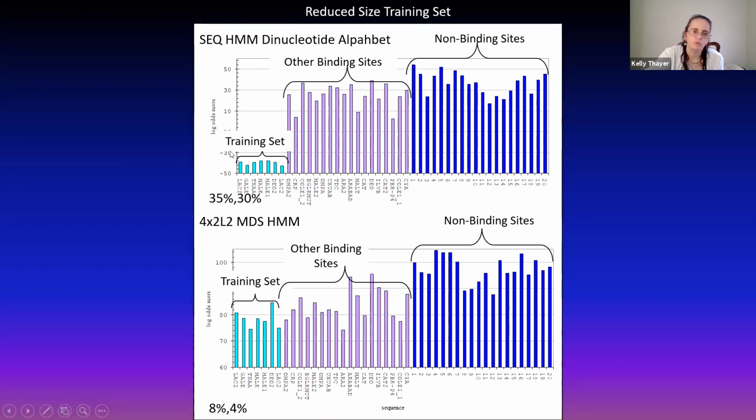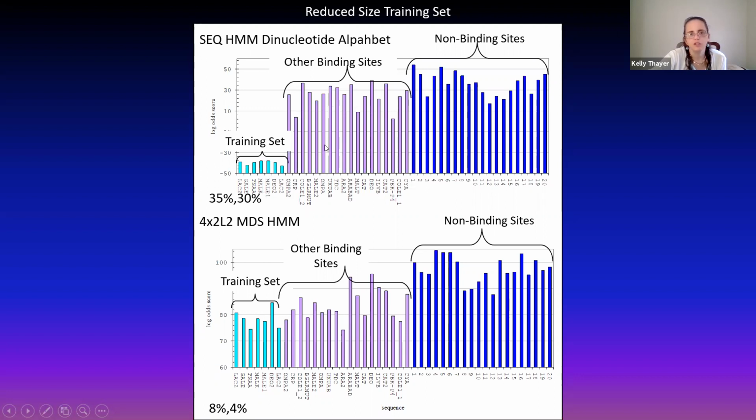These are log odds scores, and it has a much lower score than other known binding sites. This is our training set here, divided into the ones that were actually used for the training and the ones that were not known to the model. This is a sign of a poor Markov model because the issue is that it's overtrained. It knows a lot about the sequences that it saw, but it cannot extrapolate.